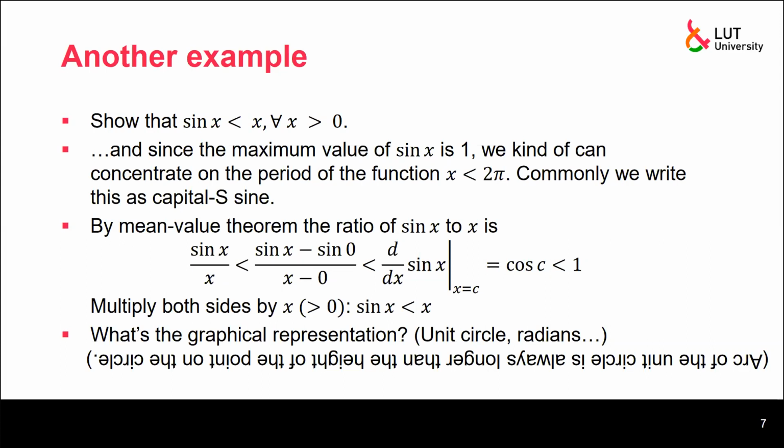Okay, mean value theorem. What we're now taking is sine x over x, the ratio between sine x and x. If this is smaller than 1, then we know that the value of sine x is always smaller than x. Now we add zeros on both sides: sine 0 is 0, and 0 in the denominator is also 0.